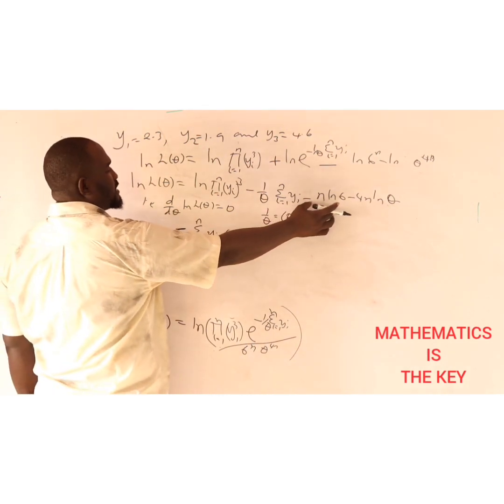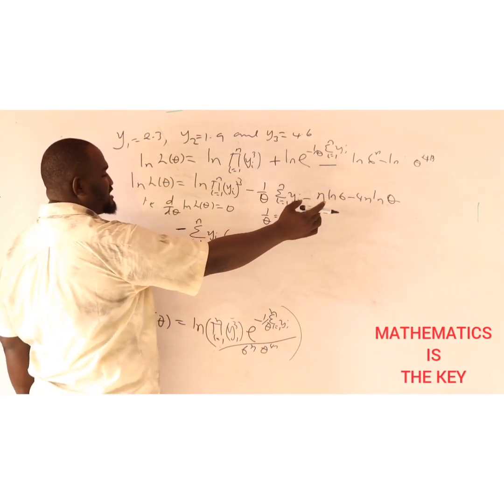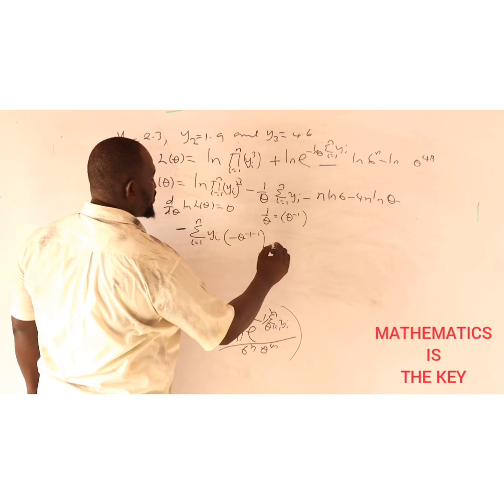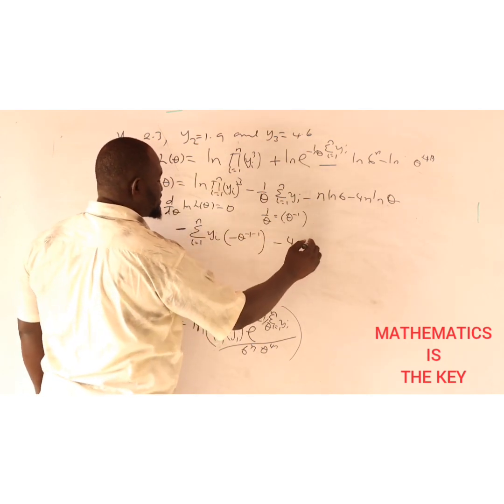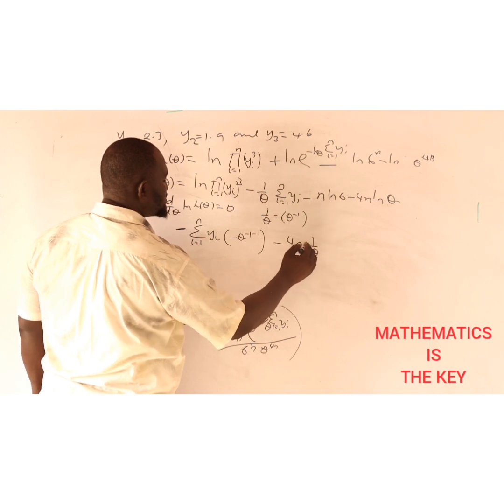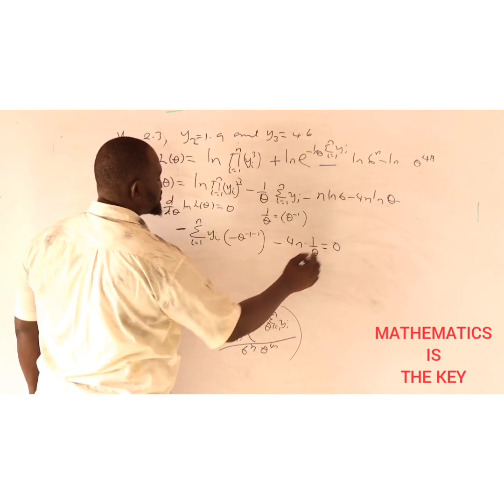Now, this is a constant, so the derivative is 0. This one, we have minus 4n, then differentiating in theta, we have 1 over theta, and it's equal to 0.